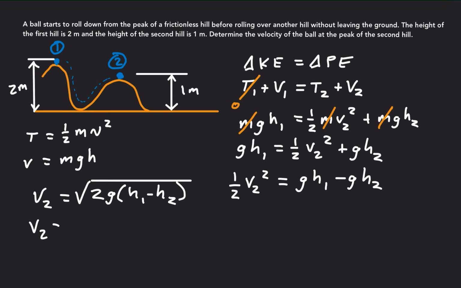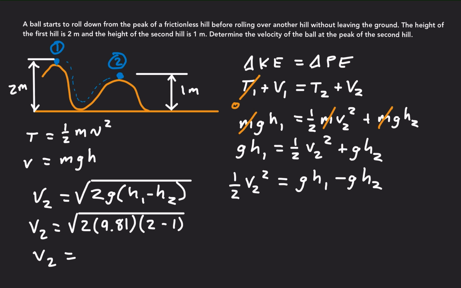So v2 equals the square root of 2 times 9.81 meters per second squared times 2 meters minus 1 meter. Pull out my calculator.